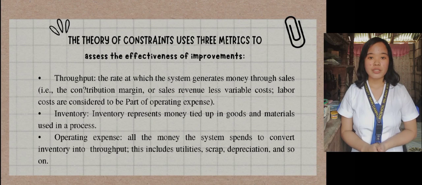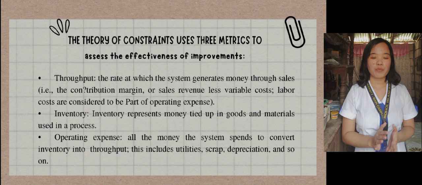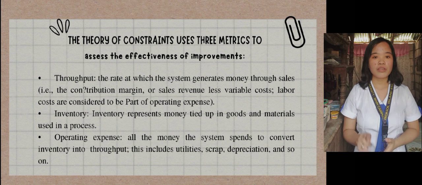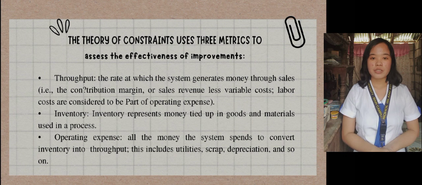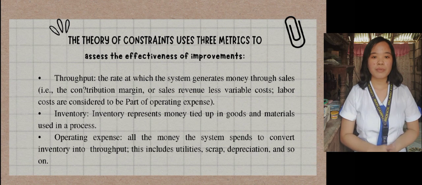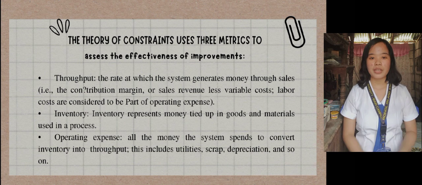Theory of constraints uses three metrics to assess the effectiveness of improvements. First is the throughput, the rate at which the system generates money through sales. For example, the contribution margin or sales revenue less variable cost, labor cost are considered to be part of operating expense.